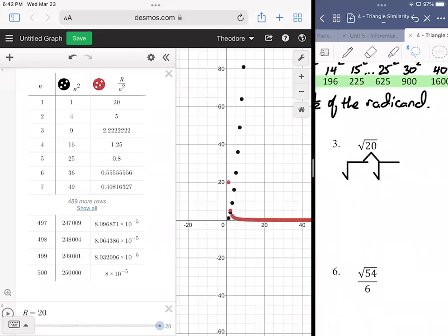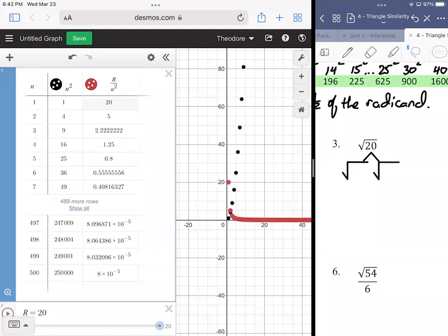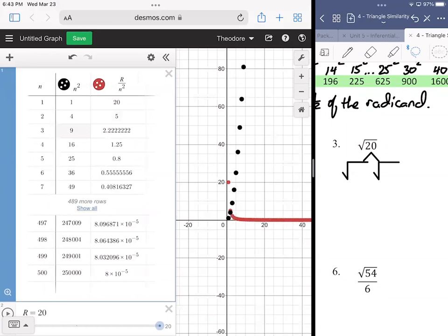So 20 would have factors that are in the second and third column. If you look at the first entry here, 1 times 20 is 20. 4 times 5. 9 times 2.2 repeated. So using the same strategy, we'd start off at the value that's half of 20.